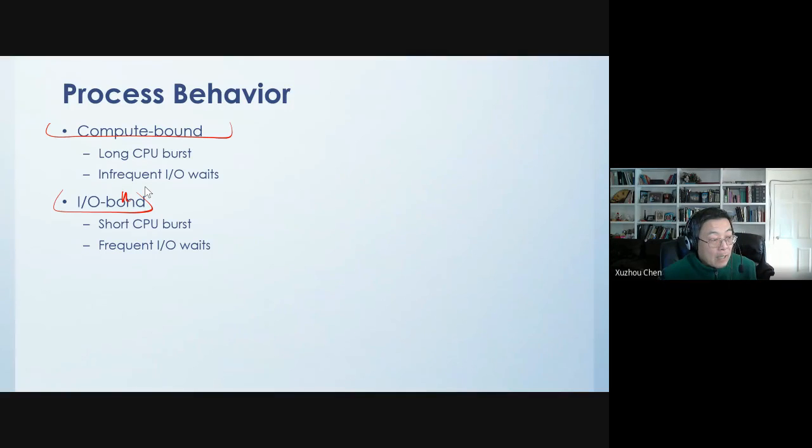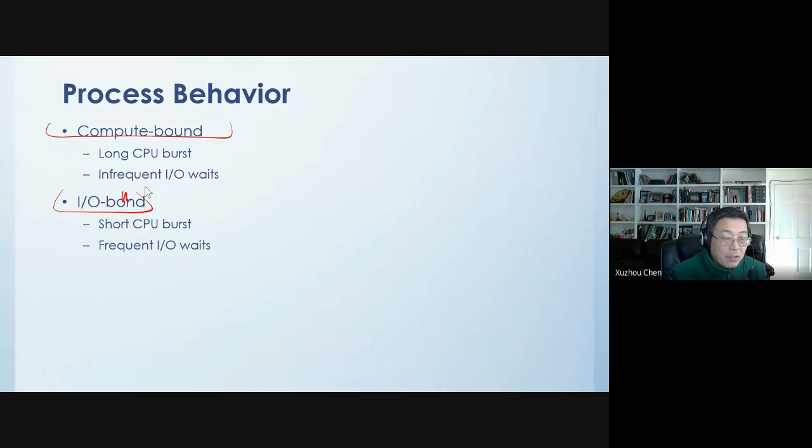Now, in some kinds of processes, like computer software doing scientific computing, most of these processes are compute bound. The I/O bound ones mostly use the I/O. One example of I/O bound processes is some social media software, like chatting.